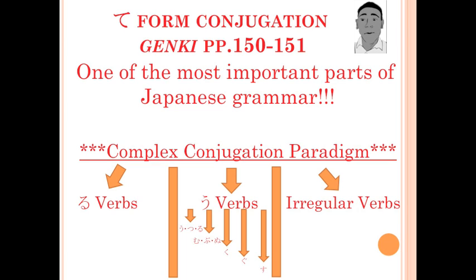Moreover, within the u verbs, there are 5 different conjugation sub-rules which depend on the final syllable of the u verb in question. Moreover, there are 3 irregular verbs, suru, kuru, and iku, which have unique te form conjugations. For this lesson, then, we will focus on learning the various rules for te form conjugation.